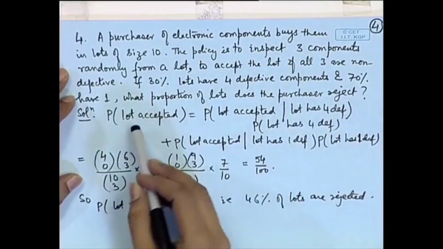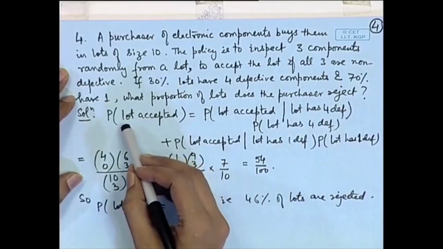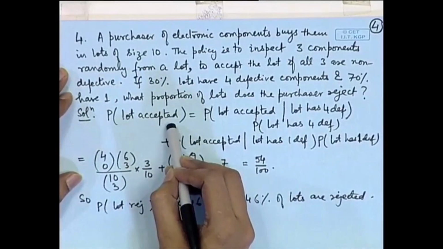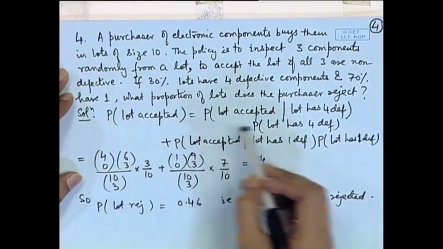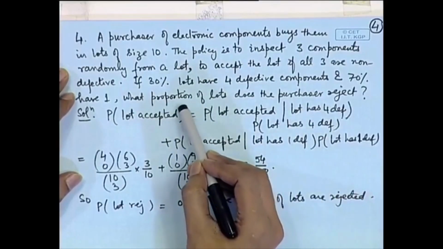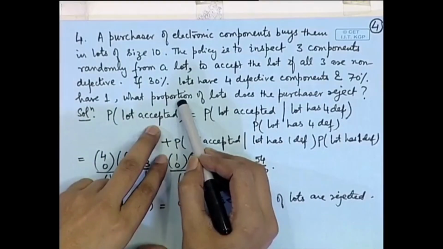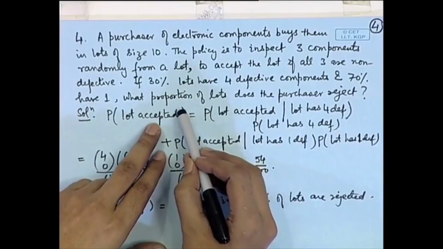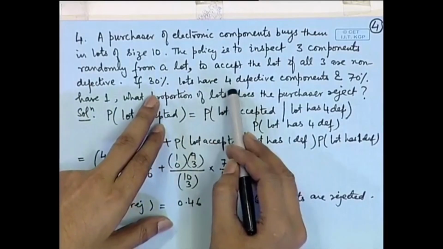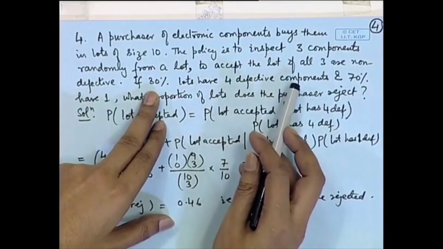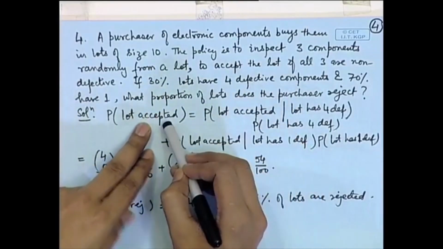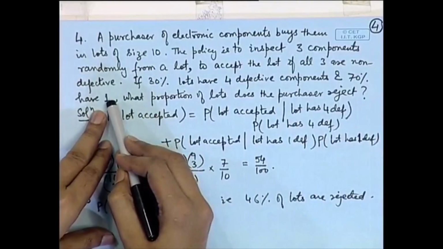In place of the probability of rejecting, we can calculate the probability of the lot getting accepted. So, the lot is accepted. Now, this is conditional upon 2 types of possibilities, that the lot has come from the set where 4 defective components are there or where 1 defective component is there.